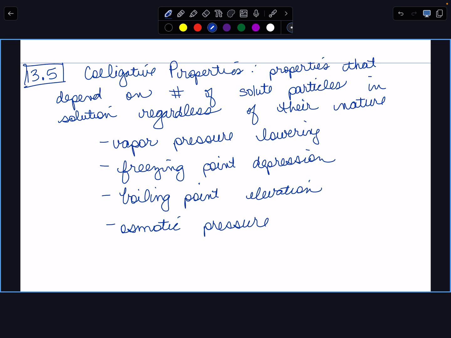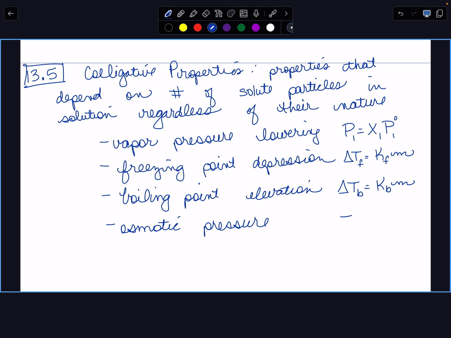There is a formula that fits in with each of these, and I'm going to write the formulas out beside them. Vapor pressure lowering's formula is P1 is equal to X1 times P1 standard. Freezing point depression formula is delta TF is equal to KF times m. Boiling point elevation formula is delta TB is equal to KB times m.